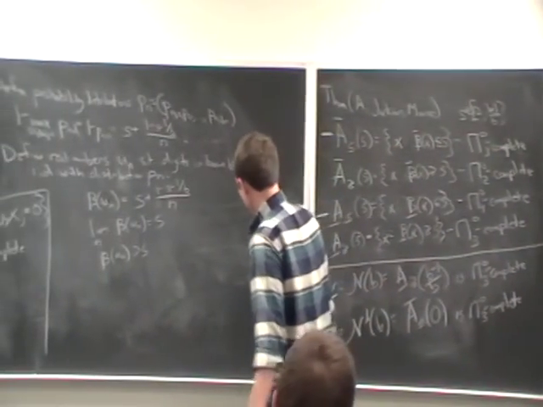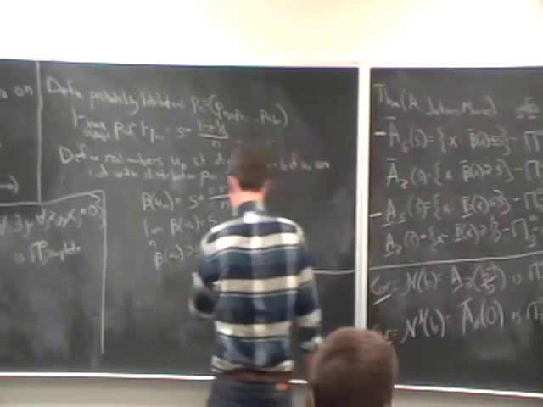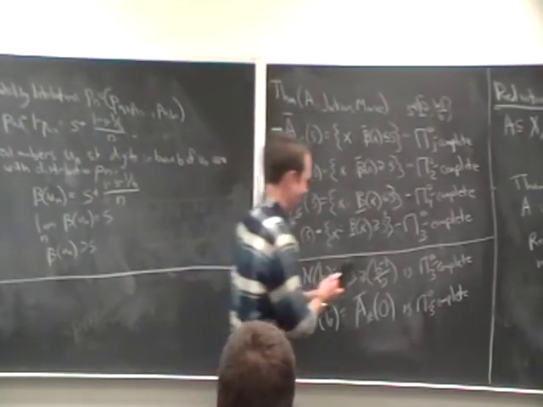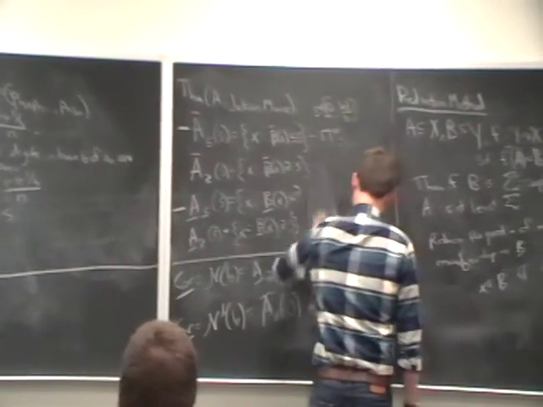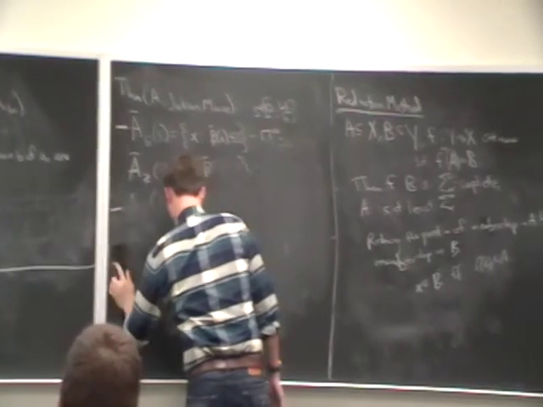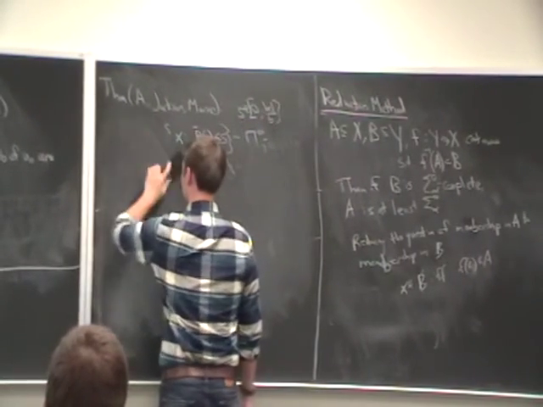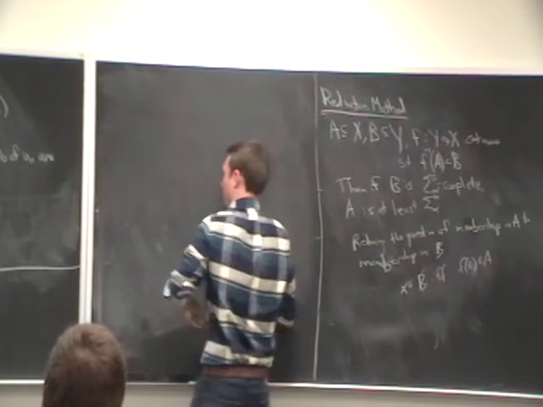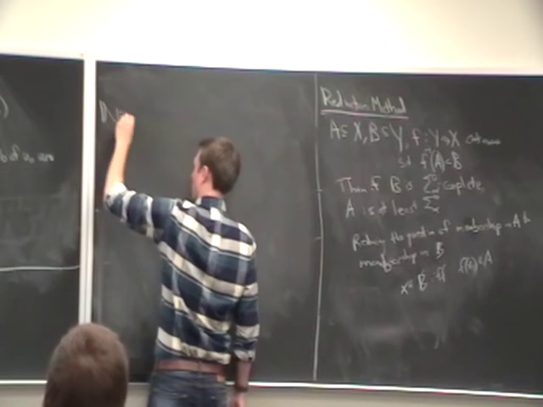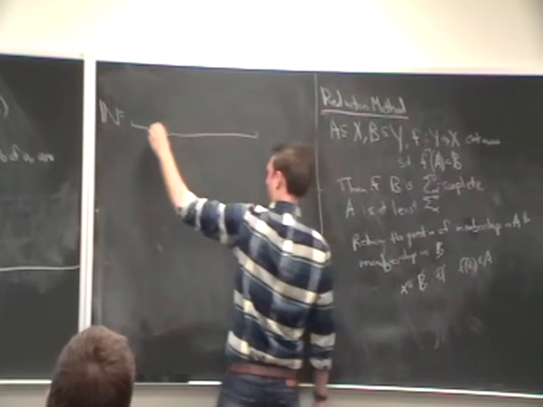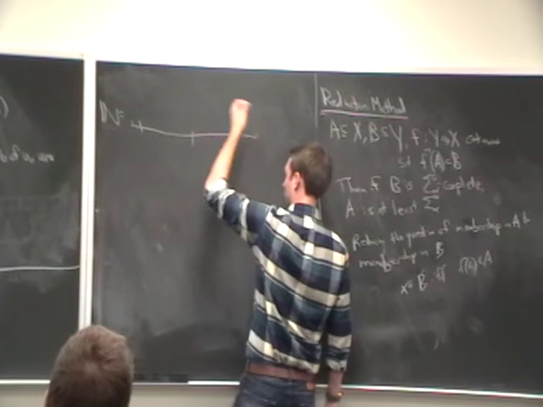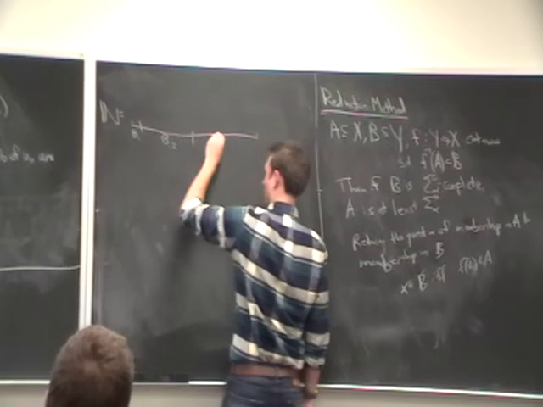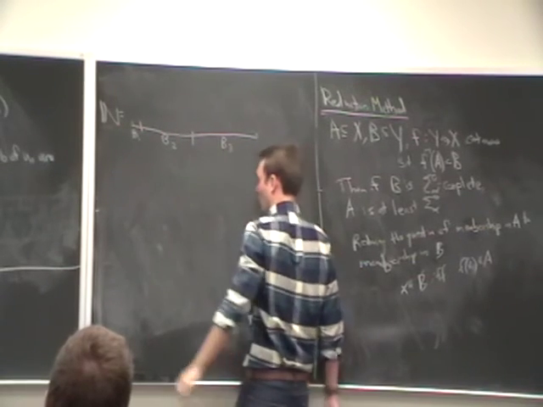So now what we do is, let me write it on the next board. Take the natural numbers and partition them into very quickly growing blocks. We'll call these B1, B2, B3, and so on.